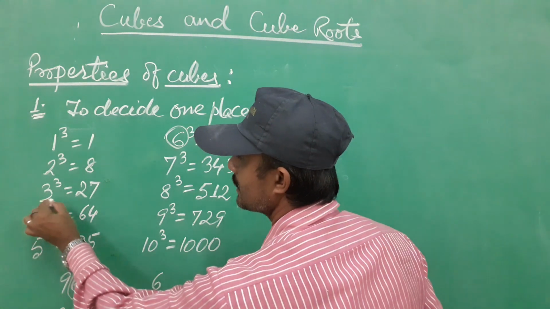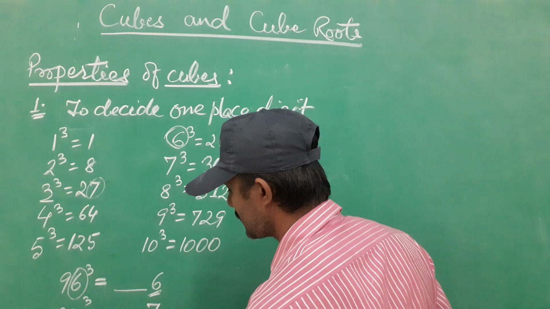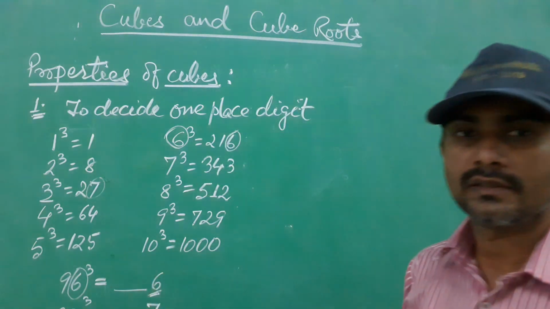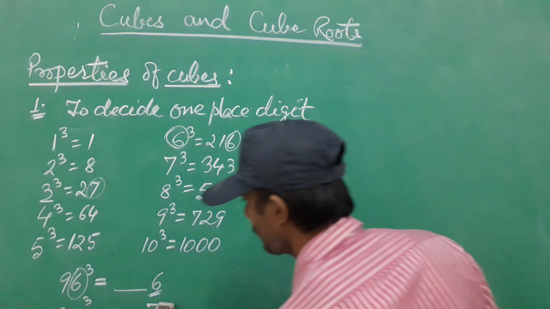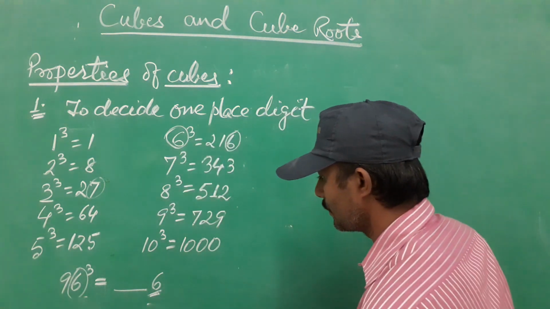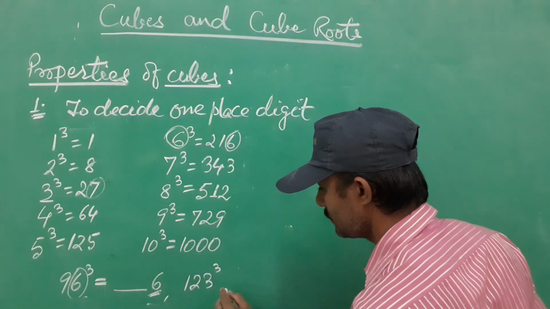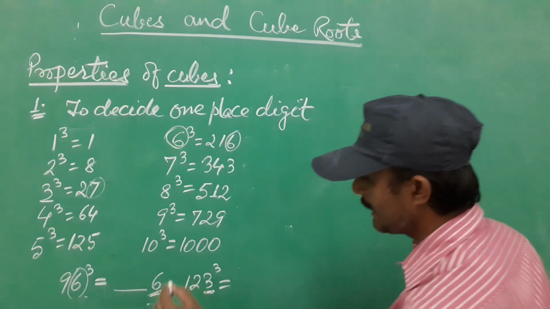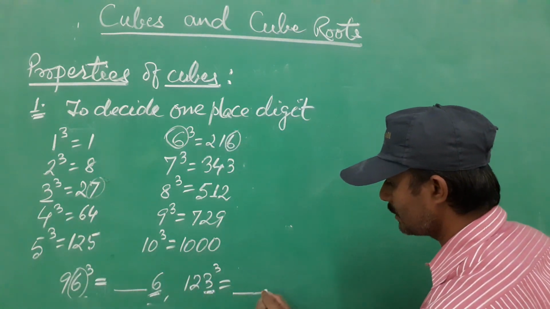So look here, 3 cube's ending digit is 7. So in this number the ending digit will be 7. This is how we are finding the ones digit.